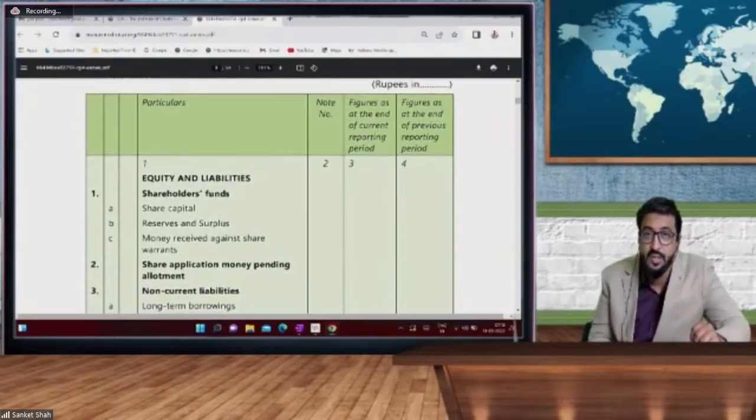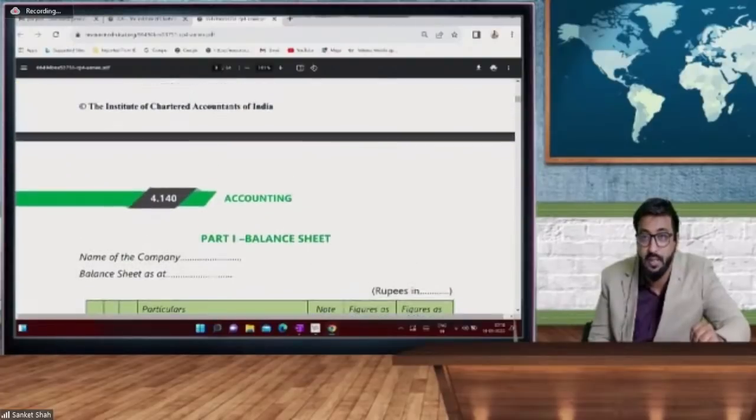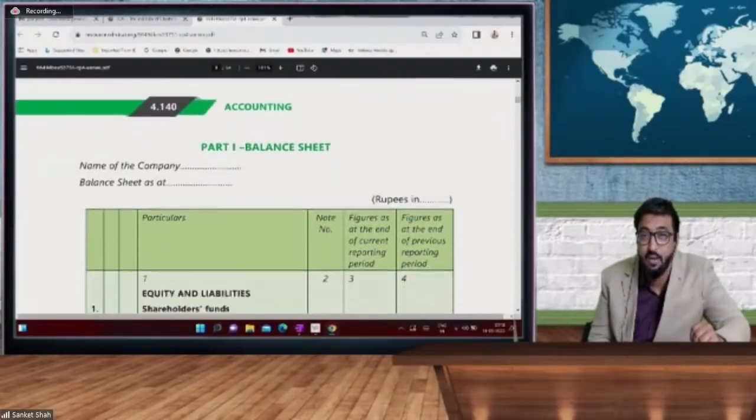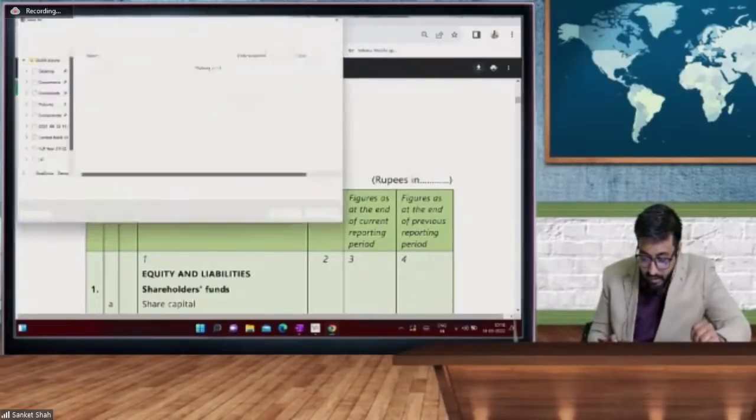Okay. So see, first one. This is covered under Part 1 of Schedule 3. It is called Part 1. Part 1 is the balance sheet. You can check here, this is Part 1. I will download it so I can write it over here.